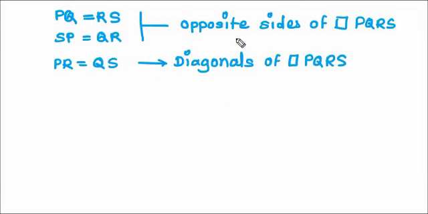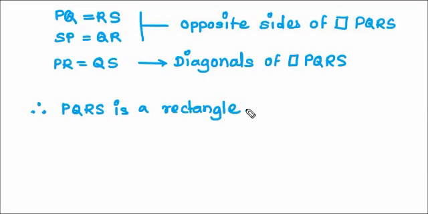So whenever we have opposite sides of a quadrilateral equal, we know it's a parallelogram. And when we have diagonals of a parallelogram equal, it is a rectangle. Therefore, let's do the next one.